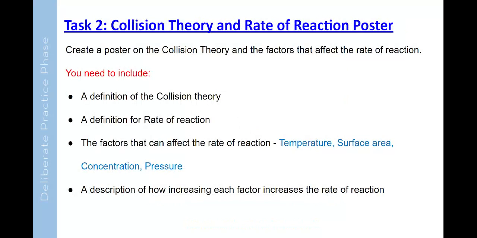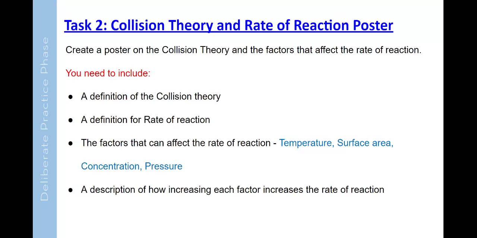Okay, so task 2, collision theory and rate of reaction poster work. So I want you to create a poster or a fact file with bullet points. If you don't want to produce a poster, that's fine. You can create a fact file on the collision theory and the factors that affect the rate of reaction.